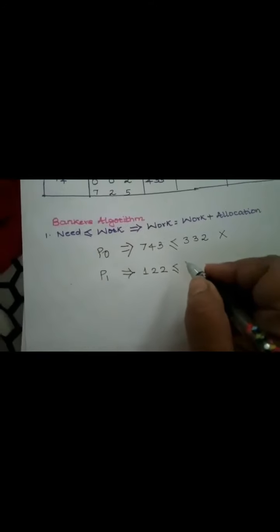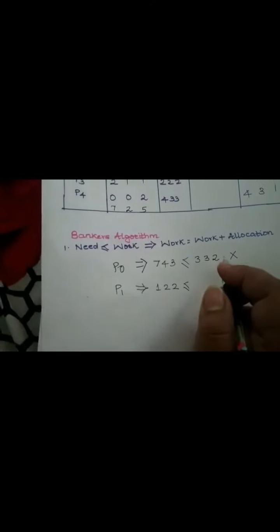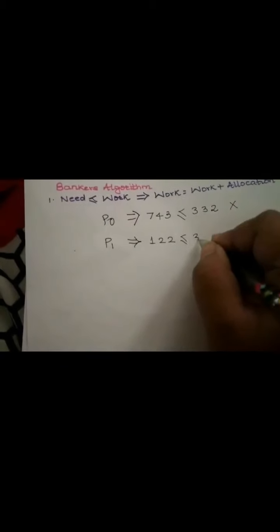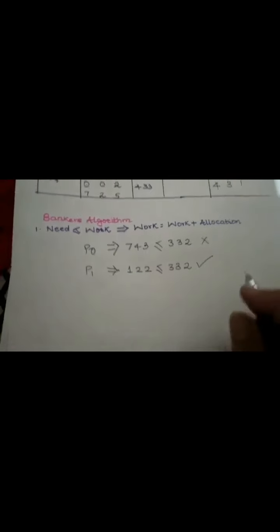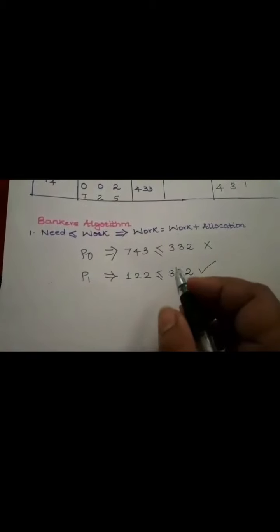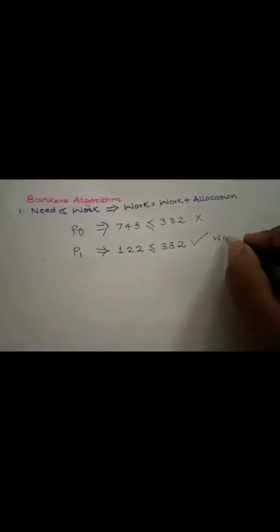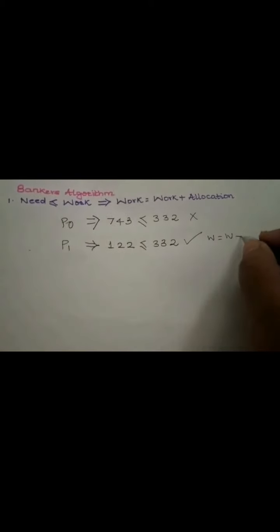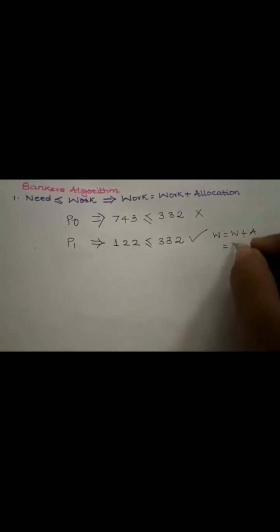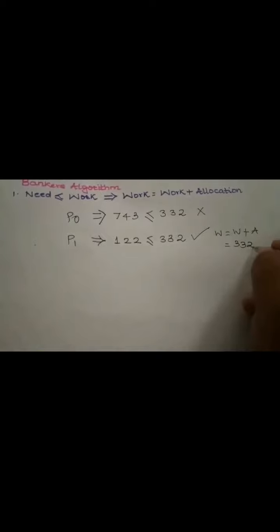Let us move to the next process, that is P1. For P1, what is the need? The need is 1, 2, 2. Now check the condition with work. What is the work? 3, 3, 2. Is it satisfying? Yes, it is satisfying.